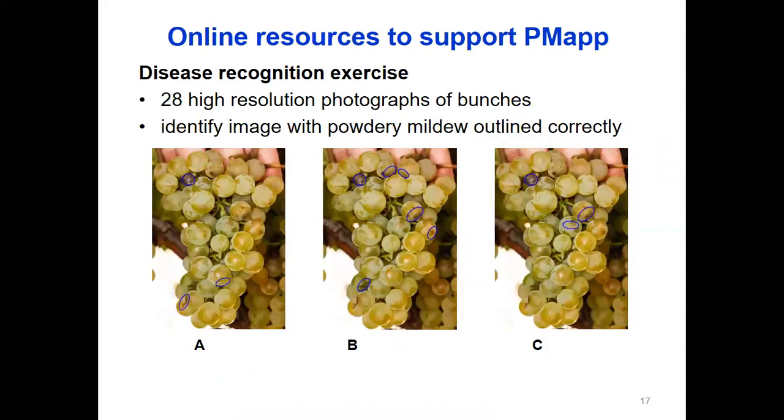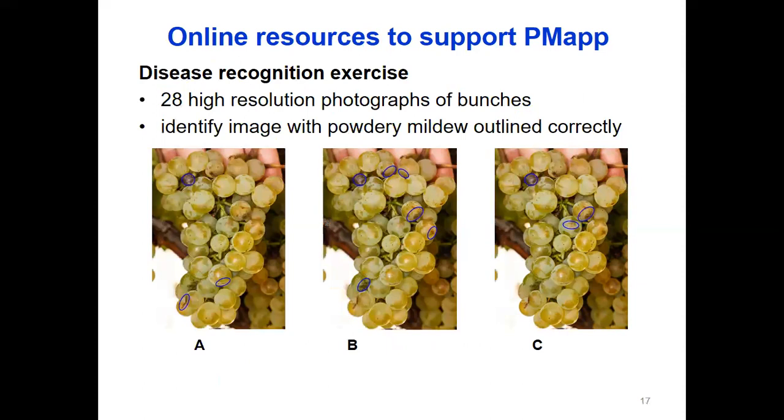So teasing out a little bit the online resources to support PMapp. The disease recognition exercise is made up of 28 high-resolution photographs of bunches, and they were taken for us by Eric Wilkes. The user is presented with 3 images of the same photograph, with different areas outlined in blue or pink for black grapes, and asked to tell us which one has powdery mildew outlined most correctly.